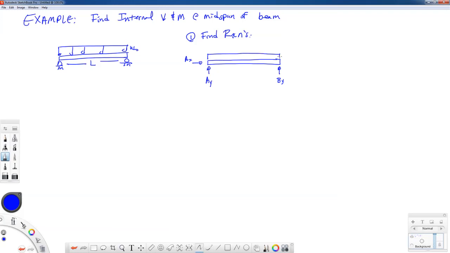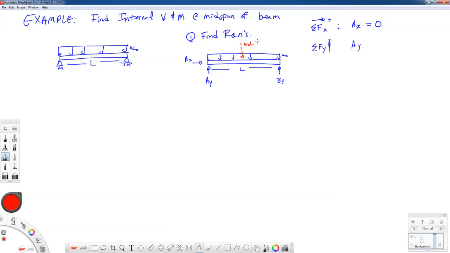Okay, now I have my applied load of W0 that goes along the length of the beam, and the length of the beam is L. So for my statics, I have the summation of forces in the X direction. If you notice, I'm putting the sign convention in here again. I have AX, and there's nothing else, so AX is equal to 0. Summation of forces in the Y direction: I have AY, and we mentioned previously that we can replace the distributed load with a statically equivalent concentrated force, where that force is equal to the area of the distribution.